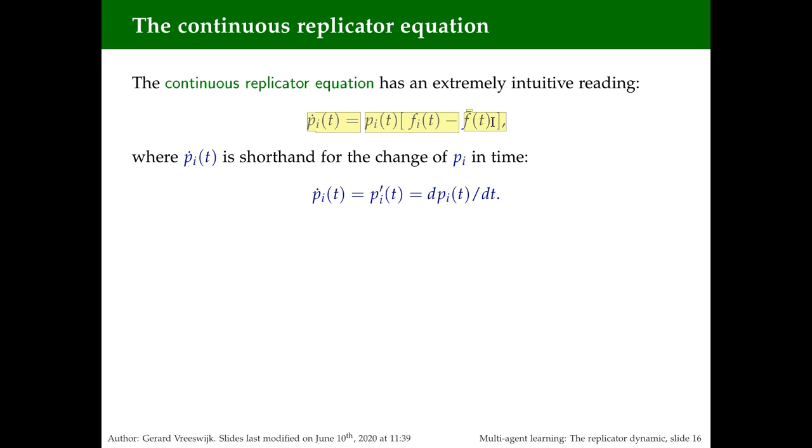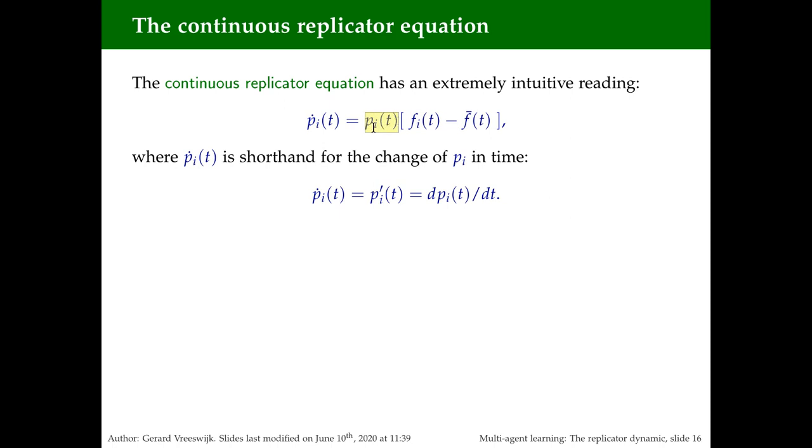Just give its intuitive reading, which is the change in the proportion of the species i at time t is equal to the proportion of species i at time t times the difference in fitness and average fitness. So if it is fitter than the average, it will grow, and if it's less fit than the average, it will shrink. That's the idea.